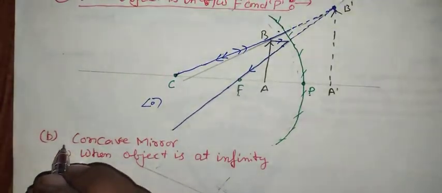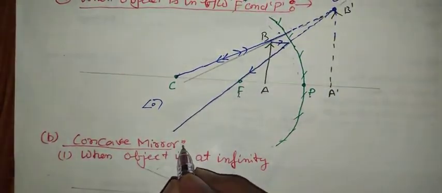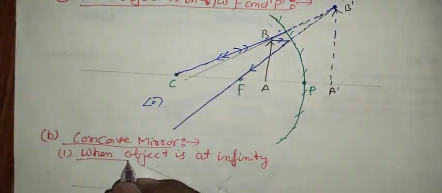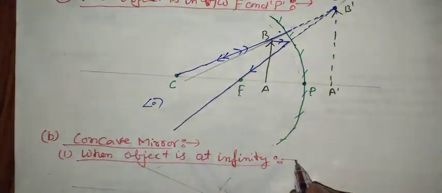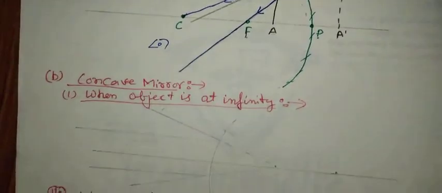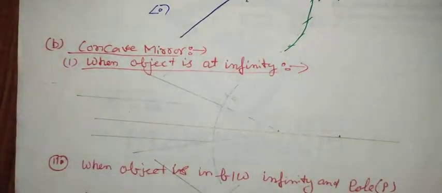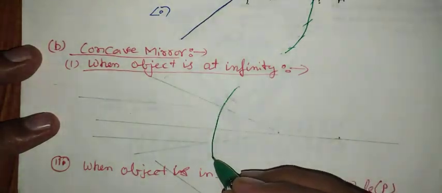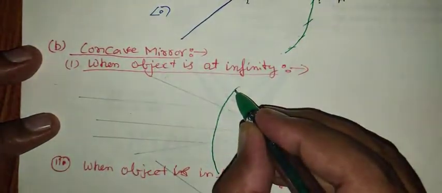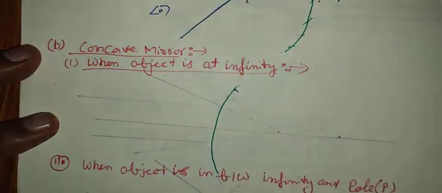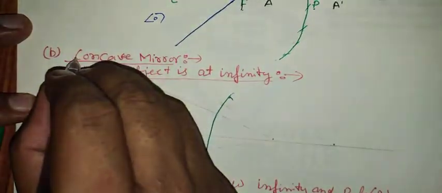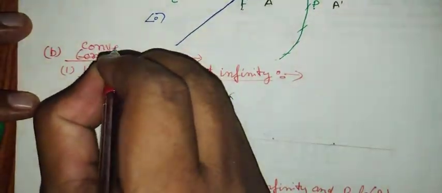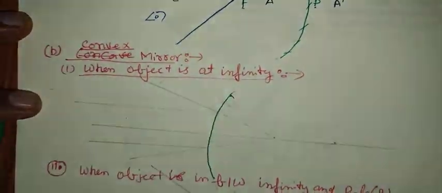Now we are going to see the formation of image by convex mirror. It is under 2 points only. First, when the object is at infinity. Concave mirror we have already seen.